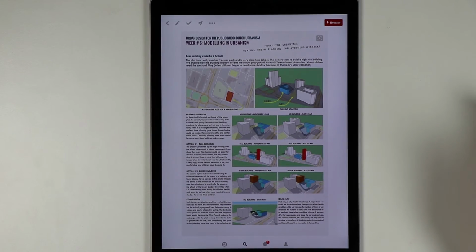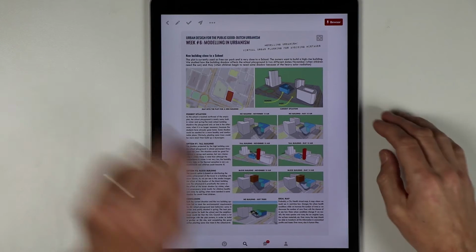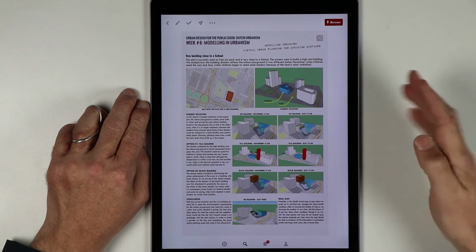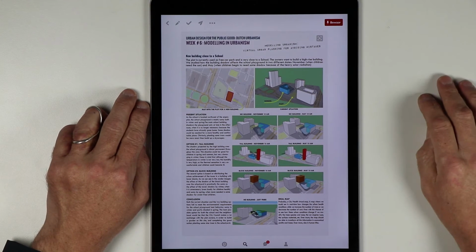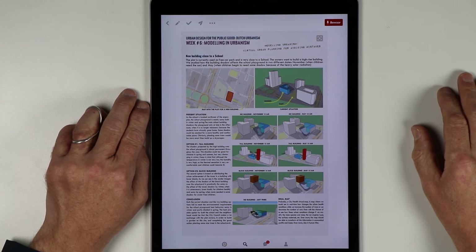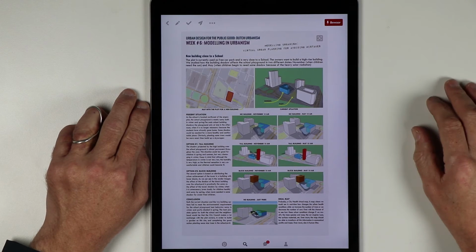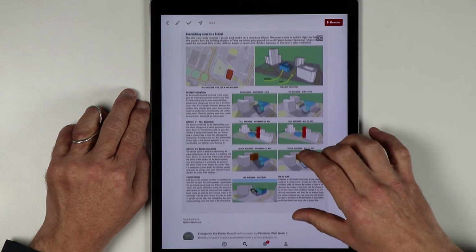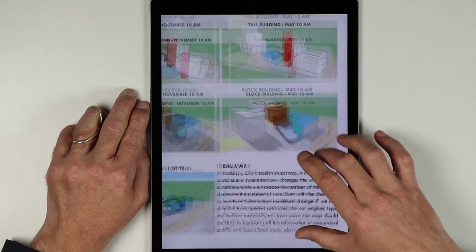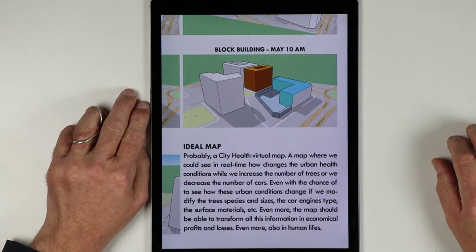This is Raphael's contribution of this week. Raphael focuses on the inclusion of a tall building next to a schoolyard, and he says, well, basically this problem cannot be solved unless we swap, in fact, the plots. In the ideal case, of course, his ideal map would have the following characteristics.